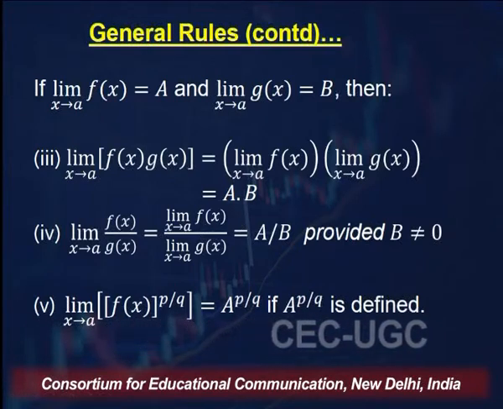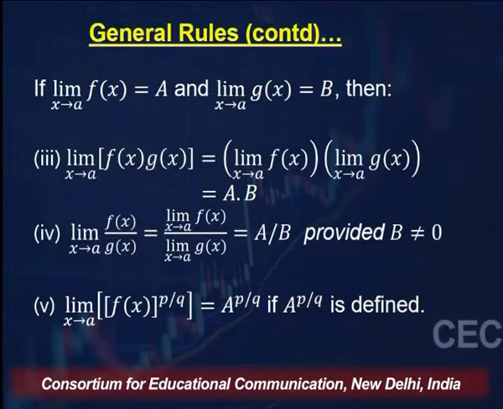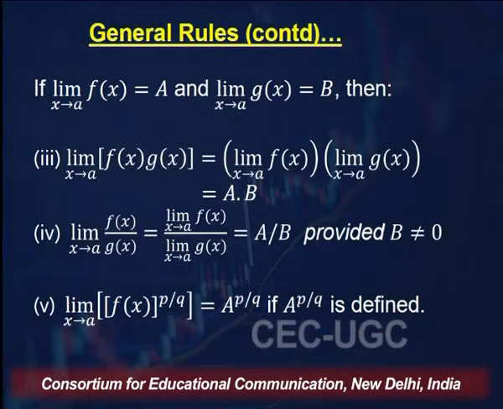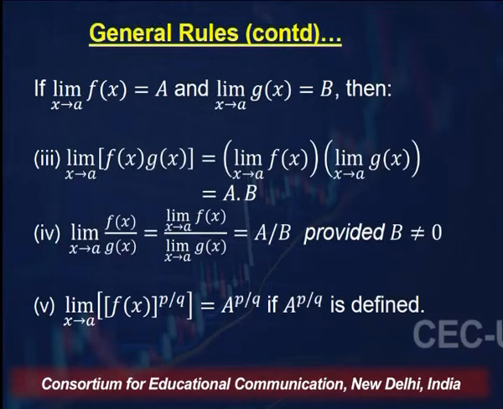And as we just showed for the case of the sum, even for the product, the rule here is saying that the limit of a product is the product of the individual limits.